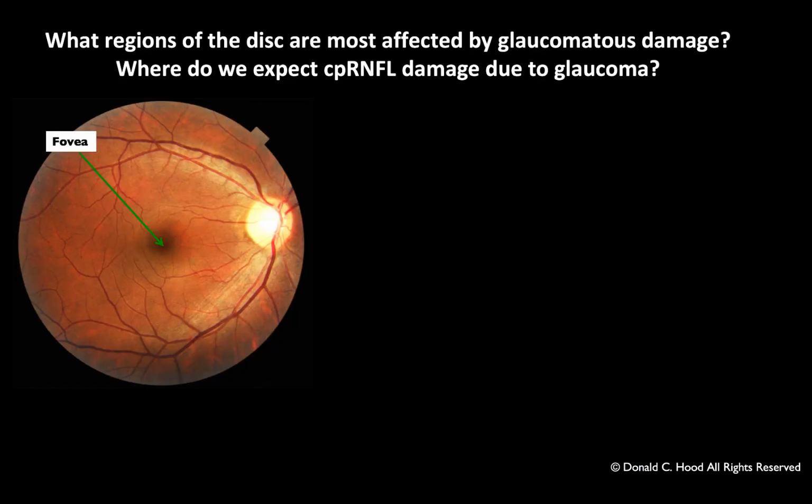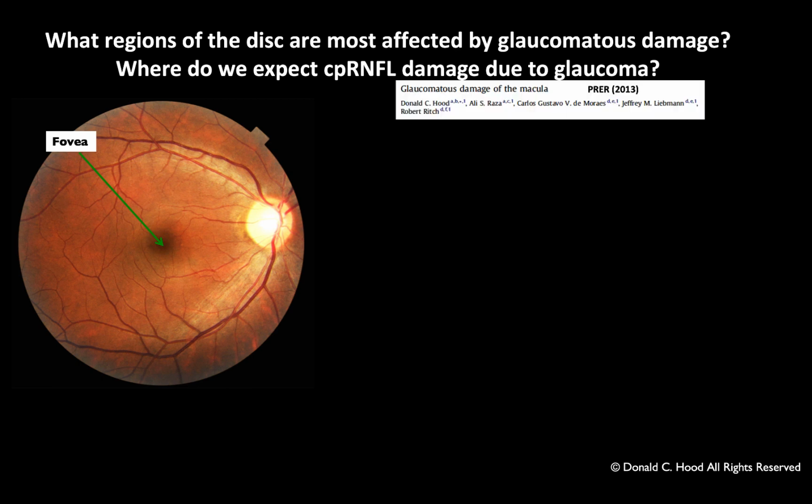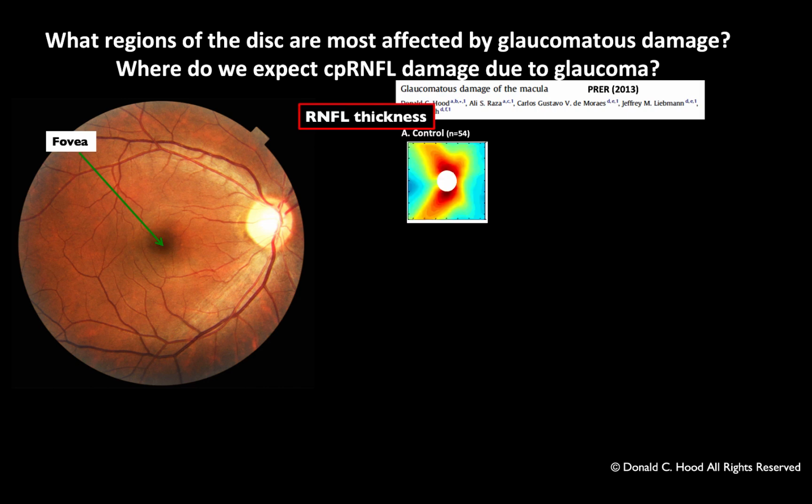Okay, so what regions of the disc are most affected by glaucomatous damage? That is, where do we expect the circumpapillary retinal nerve fiber layer damage due to glaucoma? So let's take a look at retinal nerve fiber layer thickness color map again. This is controls, and now I'm looking at a smaller number because I wanted an age match group for my patients.